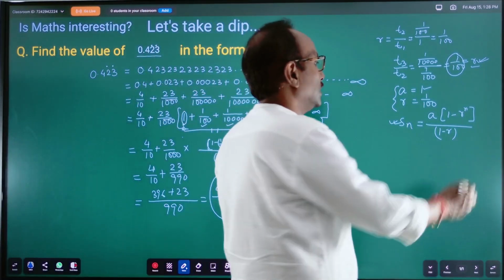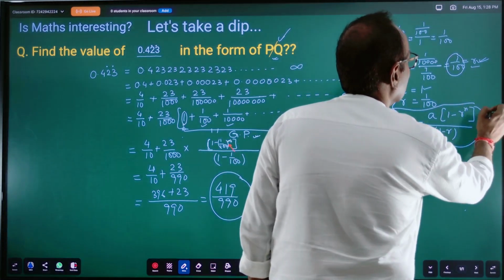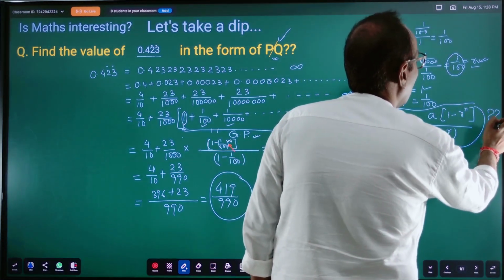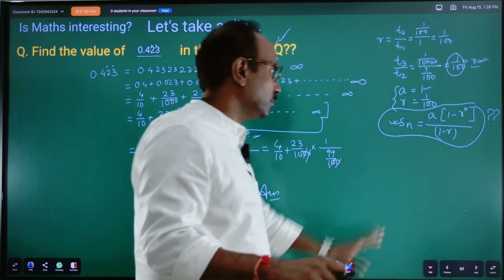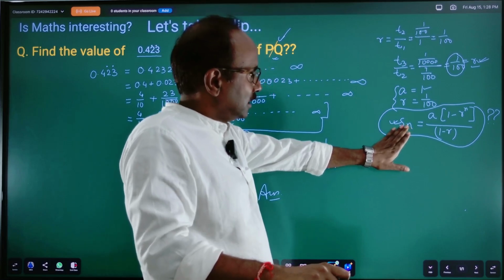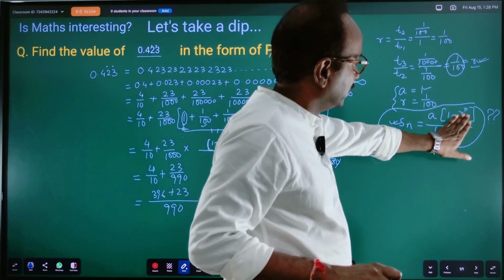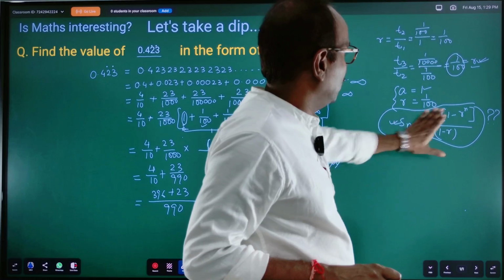So now let us see how this formula has come. How do we know that the sum of n terms of a geometrical series, whose first term is A and common ratio is r, will be this much?